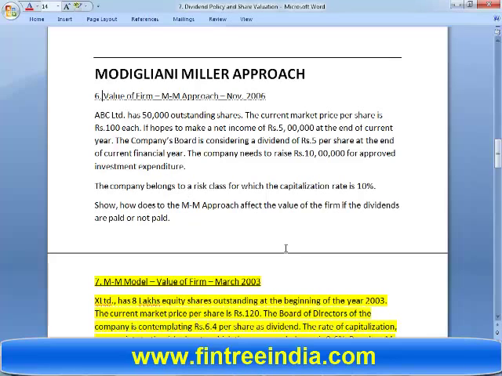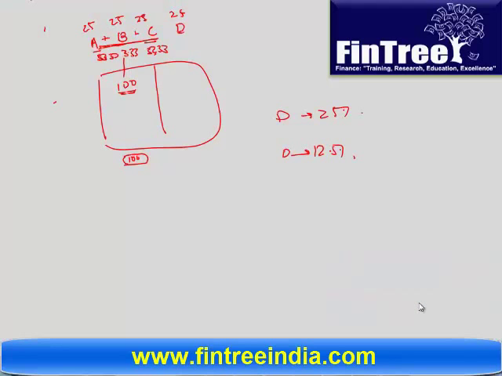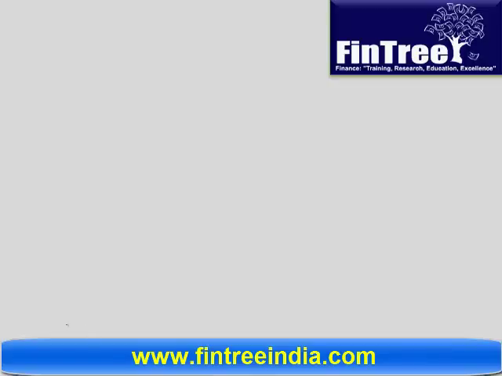Now let's first understand what this MM is. It's called the Modigliani and Miller approach. Have we studied Modigliani in the past?